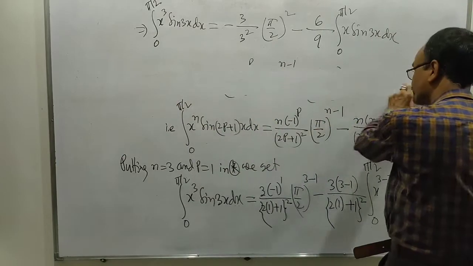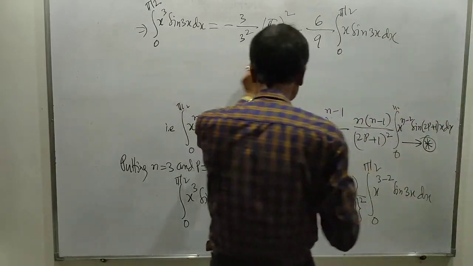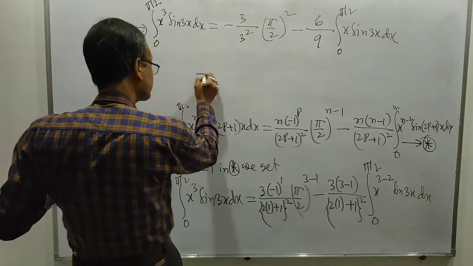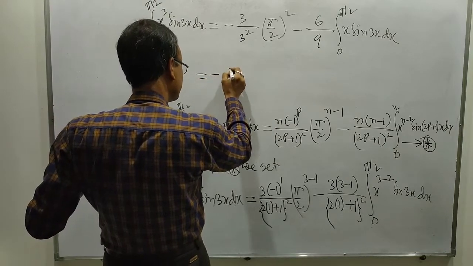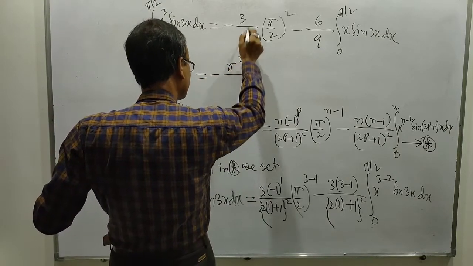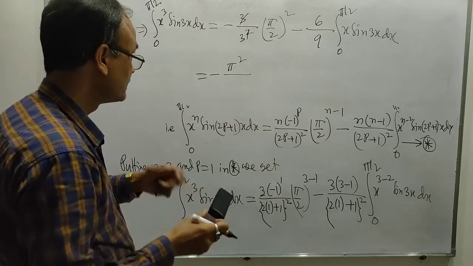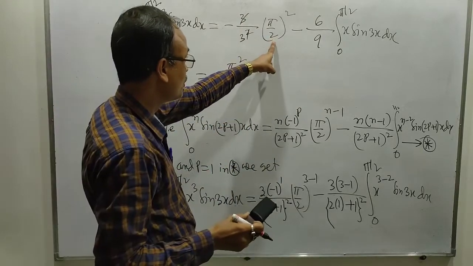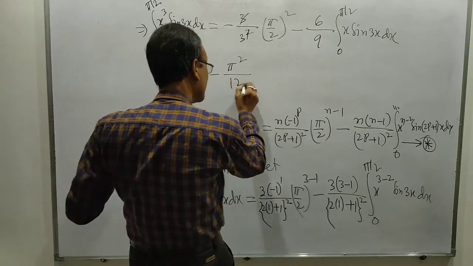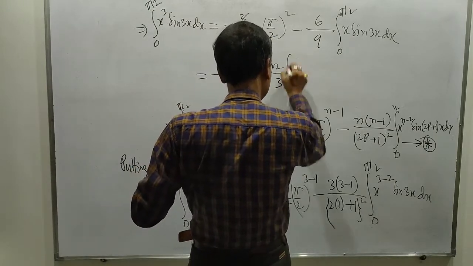You will get this. This is equal to minus pi square by 4 into 9, which is 36, the 3 cancels, so pi square divided by 12, minus 2 by 3 times the integral.